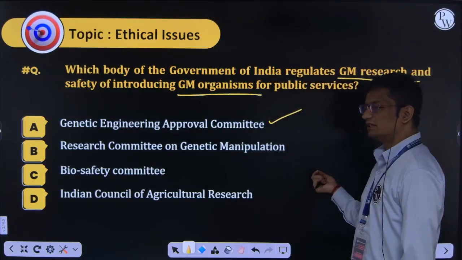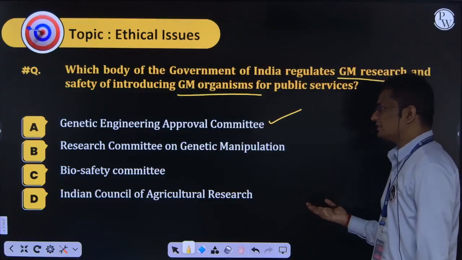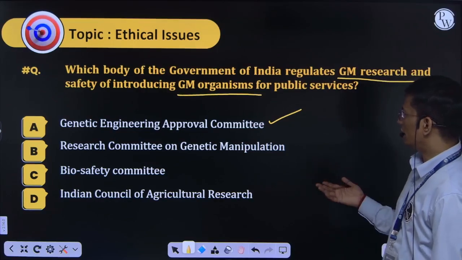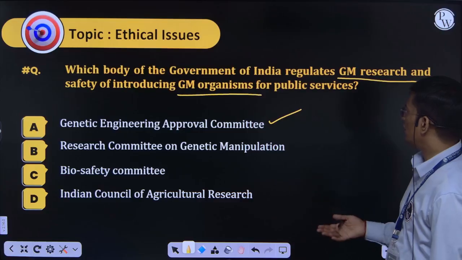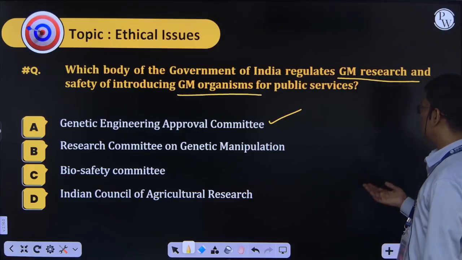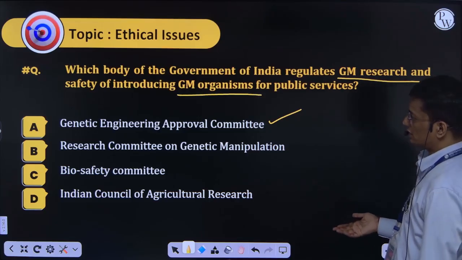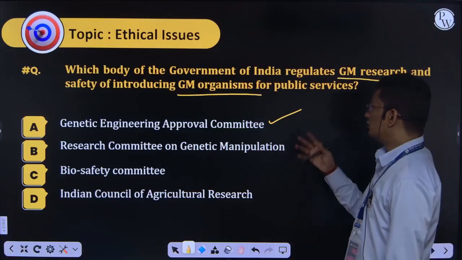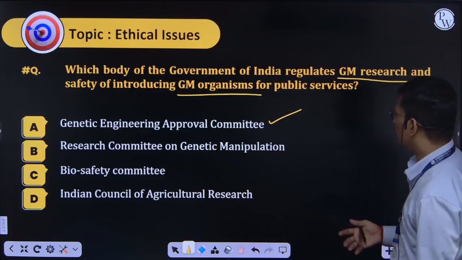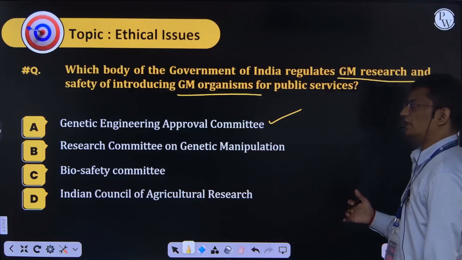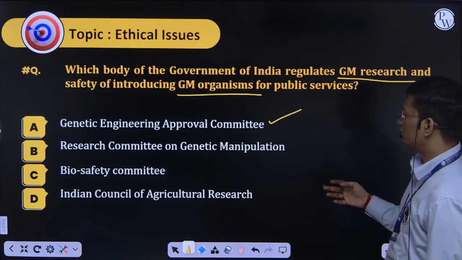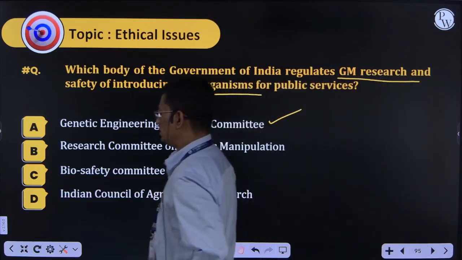Approval from this committee is required for doing any research in biotechnology or modifying genes. If we are producing a genetically modified organism, we need approval, because we are altering the genome of an organism and it can lead to some complications. So there are some limitations, and after getting permission from this committee, the work is carried out.